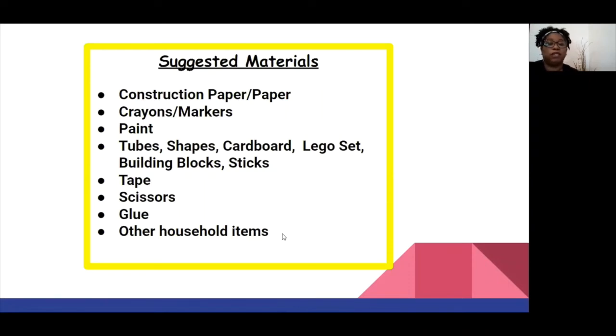But please be sure to ask for permission before you use the household items. If you have old magazines laying around, you may find some things in there, or just use the magazine in general. Okay? So I think you're ready.